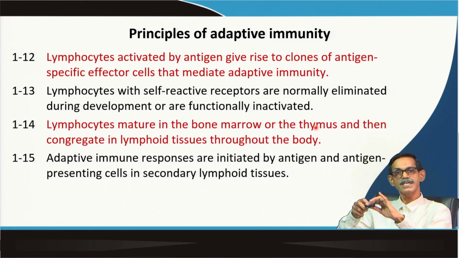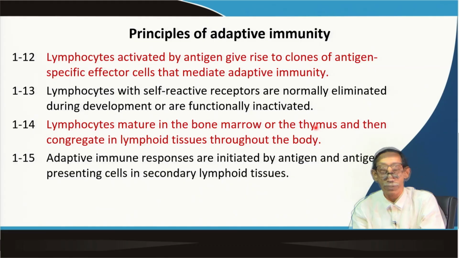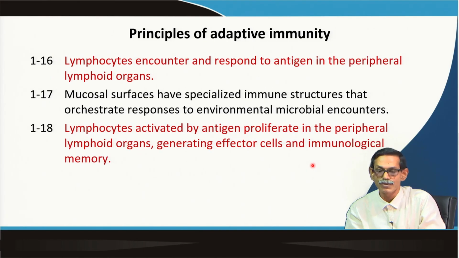So, the secondary lymphoid organs are lymph nodes, spleen. We will see what those are. There are many other lymphoid tissues we will see later, maybe in the next lecture. Adaptive immune responses are initiated by antigen and antigen presenting cells in secondary lymphoid tissue. What next?